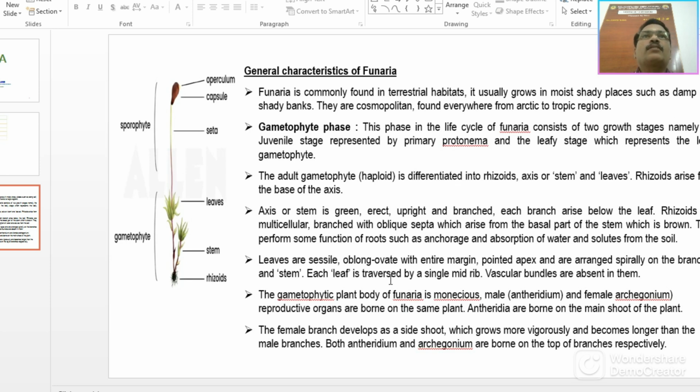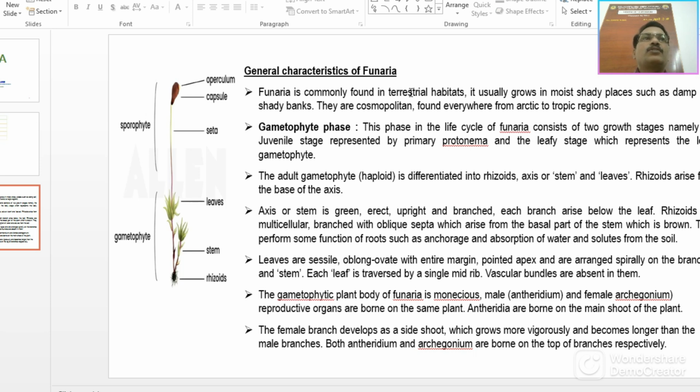So, the general character of Funaria is that it is commonly found in terrestrial habitat. What do you mean by terrestrial habitat? The terrestrial habitat is nothing but not present in water. It is not an aquatic plant, but it can grow in dry places where the water is not much present.